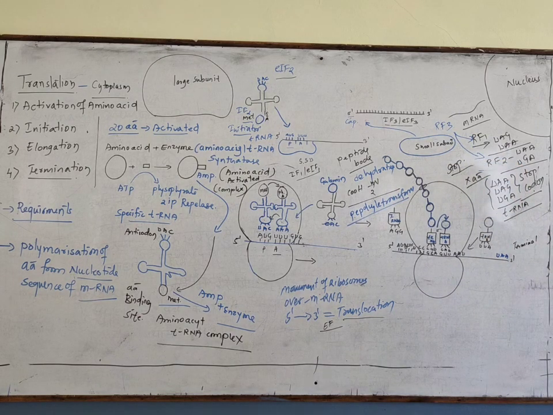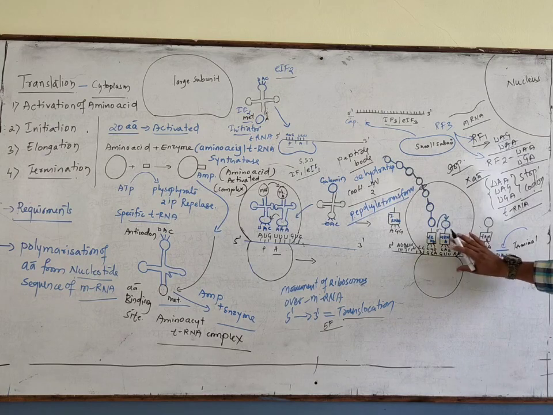So there are totally 3 releasing factors. Releasing factor 3 activates releasing factor 1 and releasing factor 2. Releasing factor 1 is associated with two of these stop codons, and releasing factor 2 is associated with the other two. Whenever the ribosomes come near any one of the stop codons, the releasing factor blocks that codon.